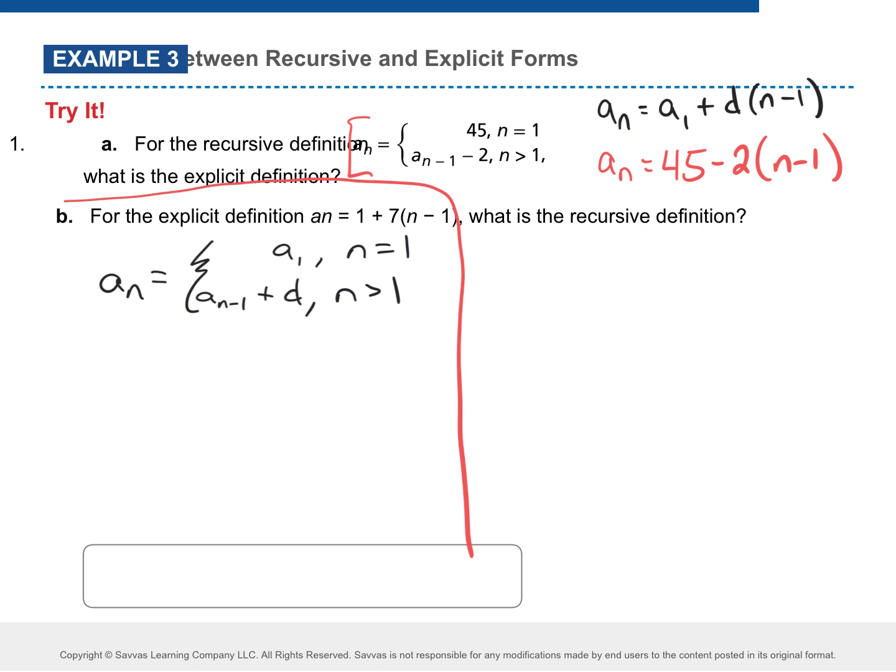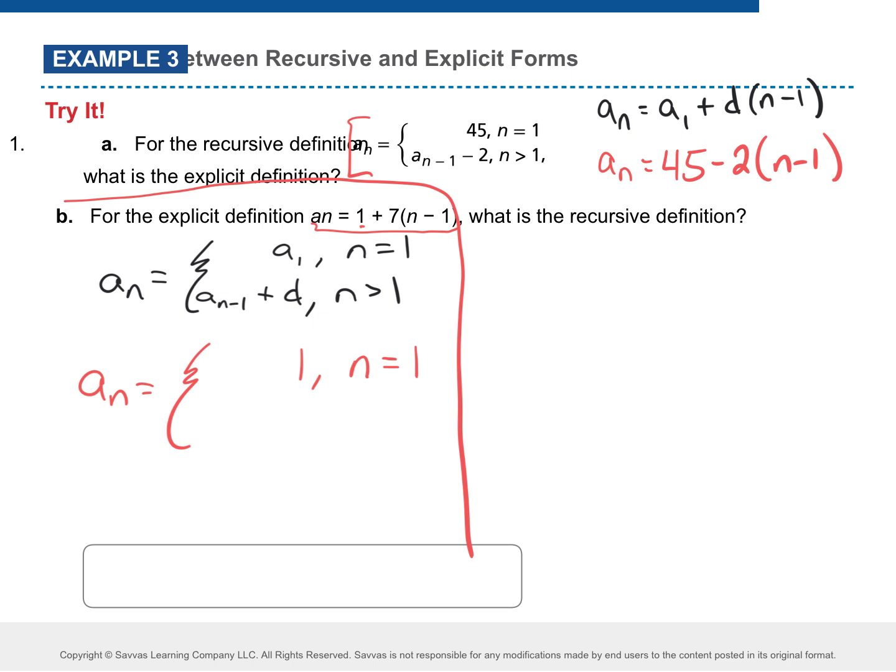On B, it gives us the explicit right here. I want to rewrite it in the recursive form. So I start with AN. What do I write on the top? What's my A1? 1. A1 is 1 because it's in that A1 spot. So we have 1. And then what's my interval? N minus 1 or N plus 1 equals 1.